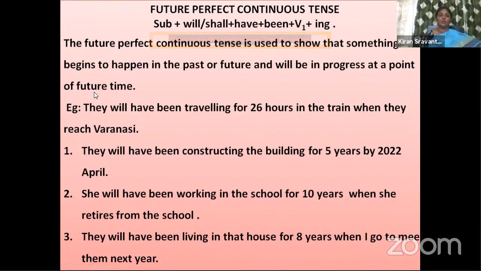Coming to some more examples, they will have been constructing the building for 5 years by 2022 April. That action will be going on and in progress. So for 5 years it will be going on.